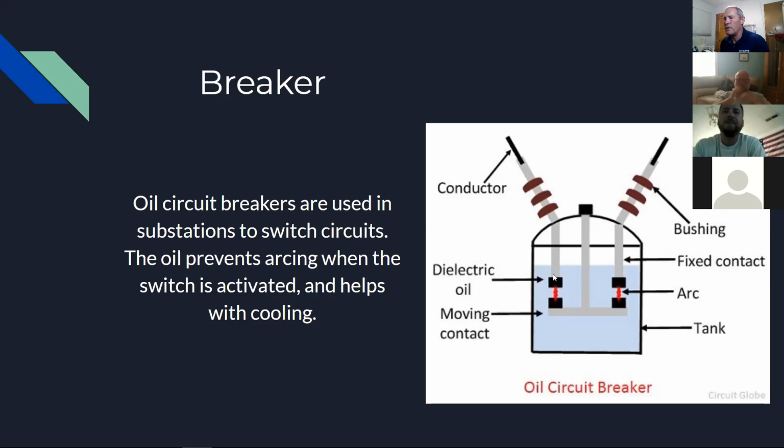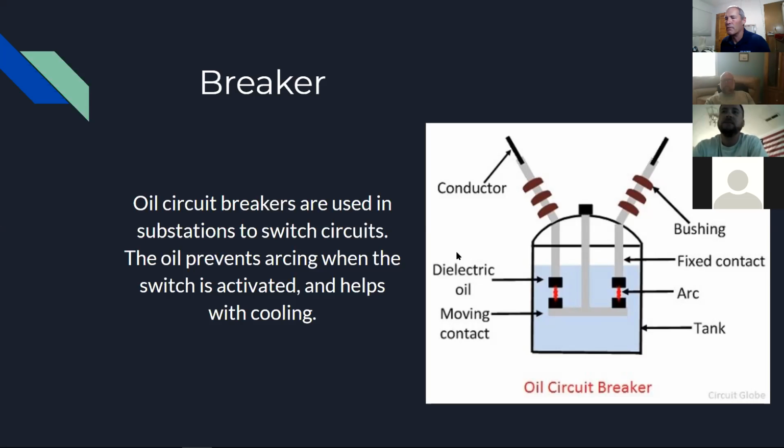Yeah, that's what you'll see in transformers, and the mineral oil is in there actually for a cooling process. There are some switches in transformers that you can open and close, both in pad mount and pole mount equipment. But the oil itself, when you say dielectric, what does dielectric mean? I'm not too sure on that one, sir. It's non-conductive.